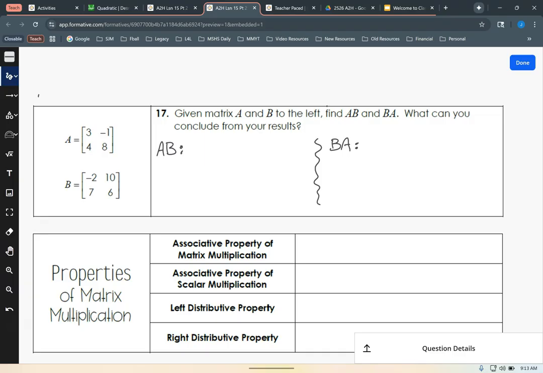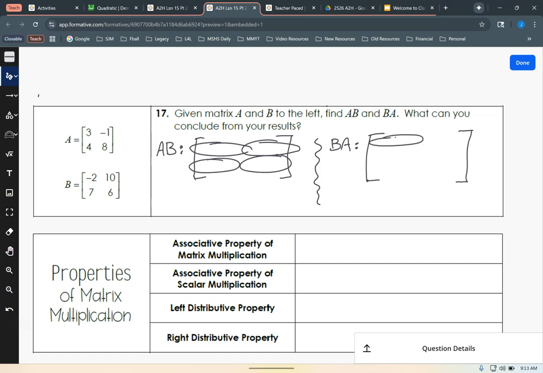We're going to do 1 level of work in here for each one, where you write in your multiplication sums, like we were doing in our practice. Same thing over here. And then we will come up with our answers for AB and BA here.